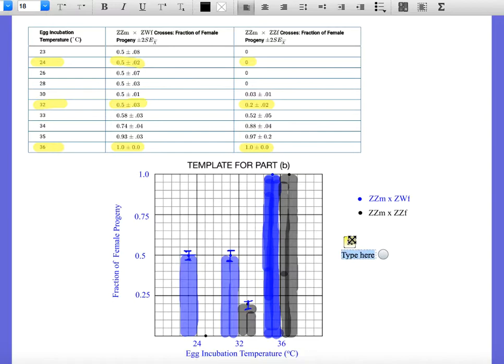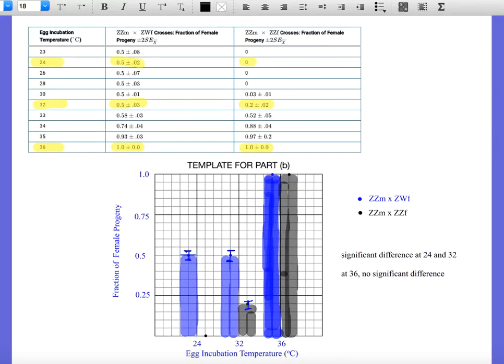So I am going to say significant difference at 24 and 32. And then at 36, no significant difference, because the data points are the same.